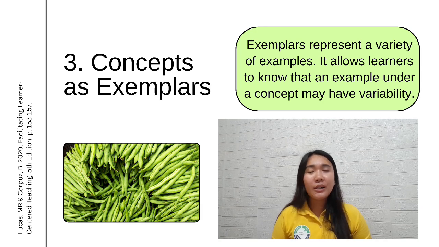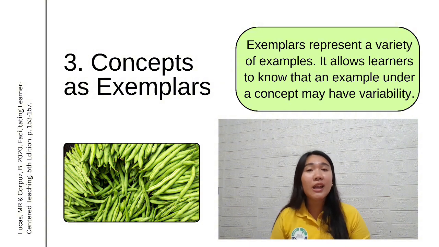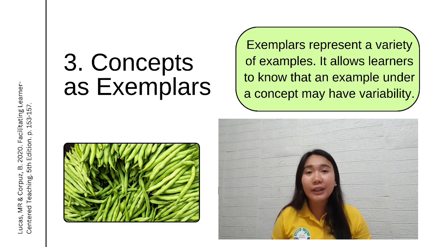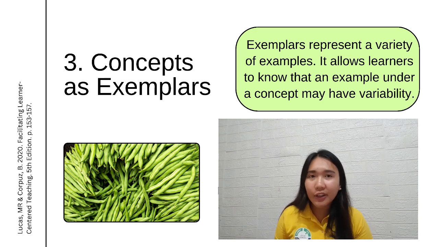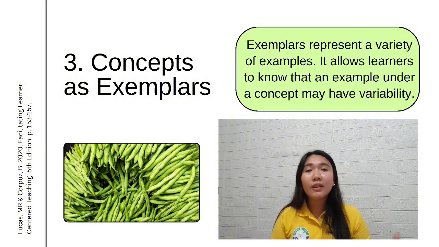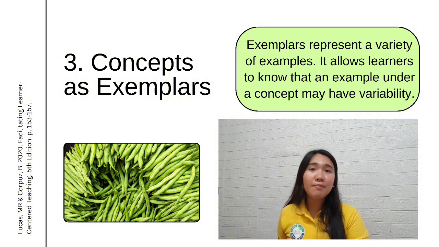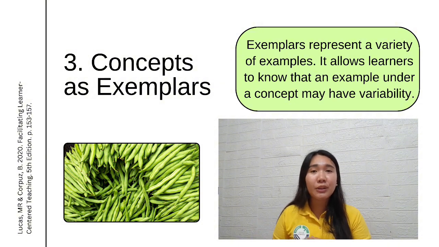So our example of vegetables perfectly illustrates these types of exemplars. A learner's concept of vegetables might include a wide range of exemplars like, as I've said earlier, cauliflower, kangkong, cabbage, string beans, squash, corn, and potatoes.